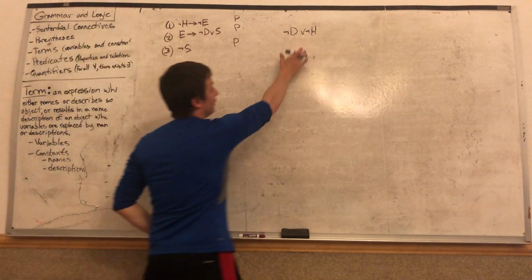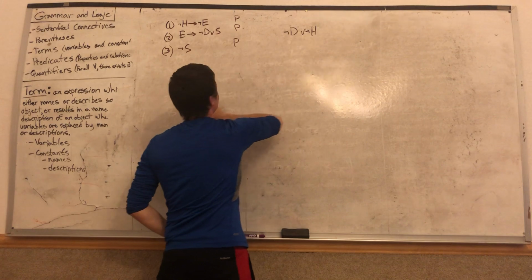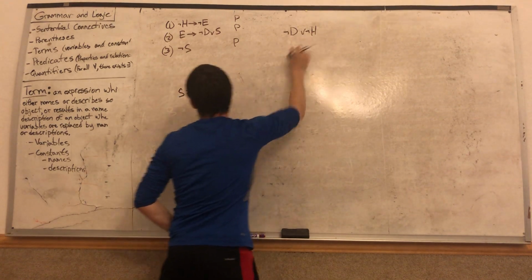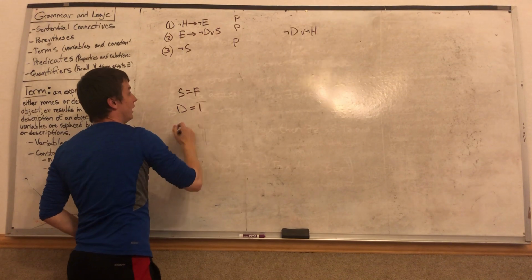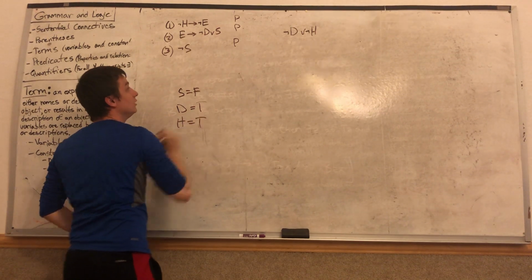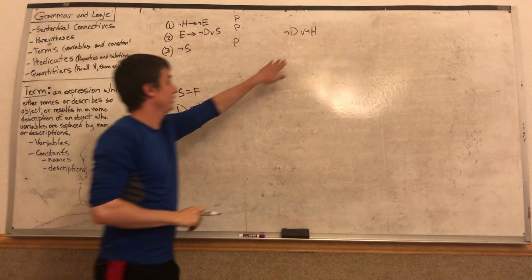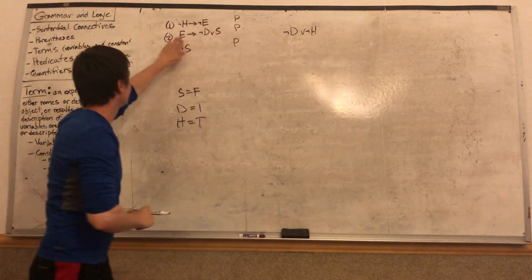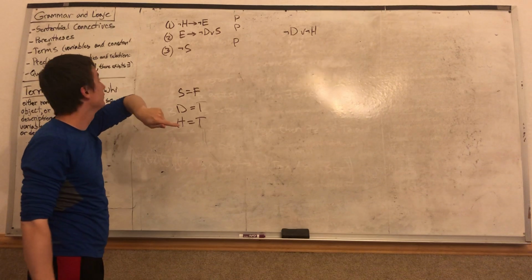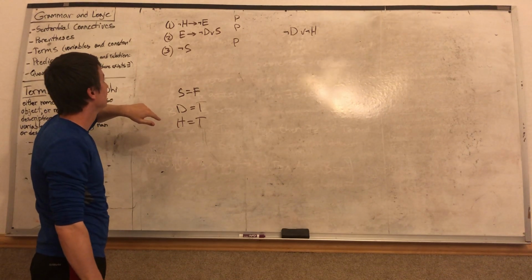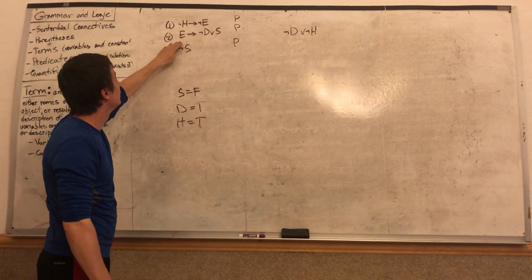But remember that we want the conclusion to be false, so I want to make D true and H true. Then the conclusion is for sure false. So let's see if we can still make these work. False implies anything, and we're fine, so we can make E whatever we want to make this true.